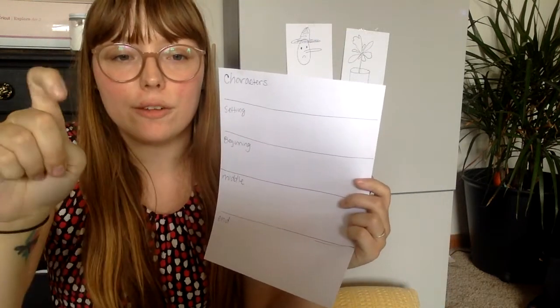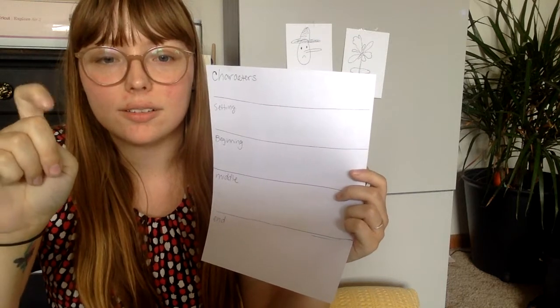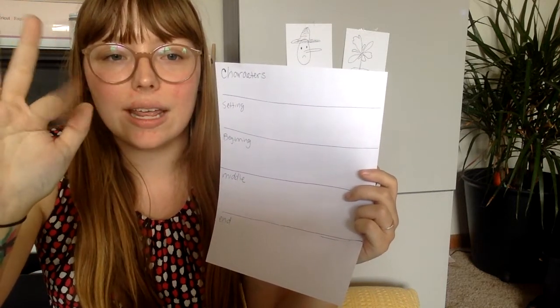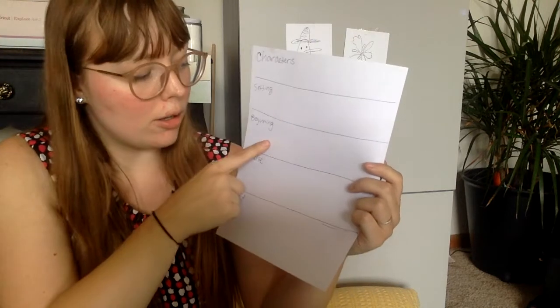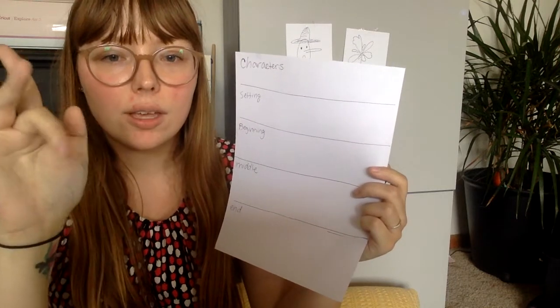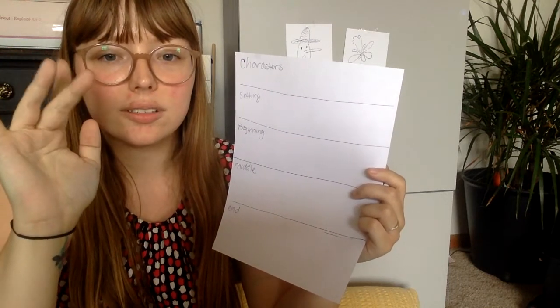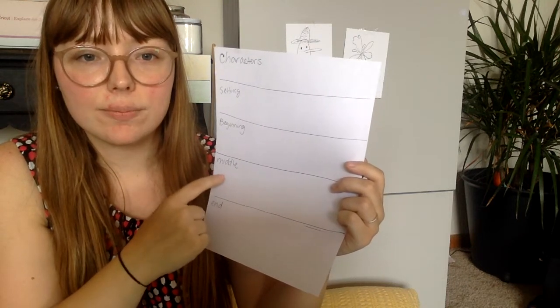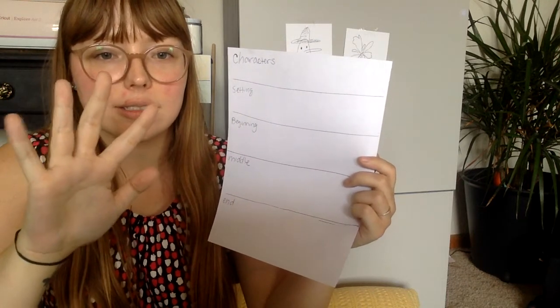Setting is like your pointer finger. Wiggle your pointer finger. You have characters, wiggle your thumb. Setting, your pointer finger. Beginning, we talked about the beginning of the book, your middle finger. What do you think the middle is? What finger do you think that is?